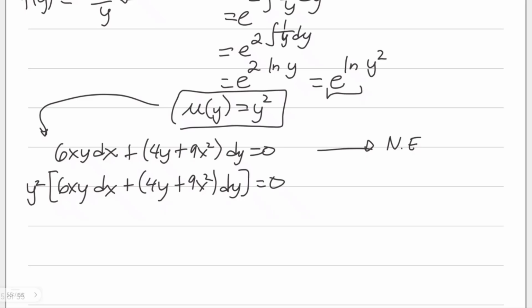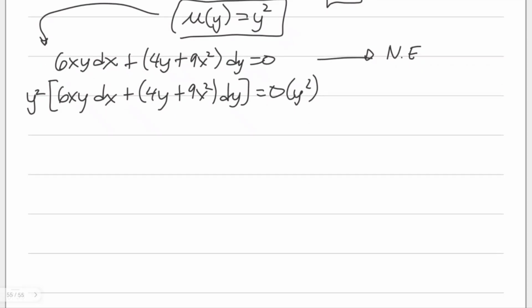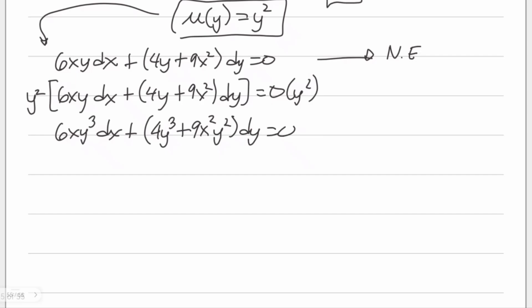Of course, 0 times y squared is just 0. The assumption here is this should return into an equivalent equation that is actually exact. Let's continue. 6xy cubed dx plus 4y cubed plus 9x squared y squared dy equal to 0.